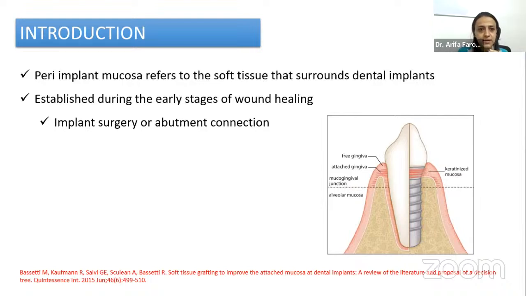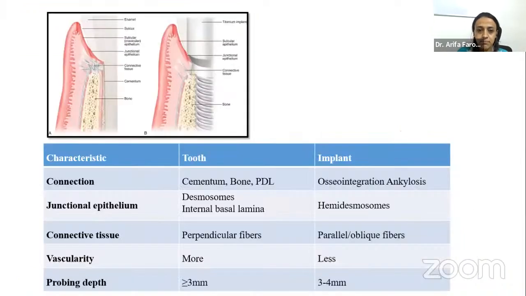So what is a peri-implant mucosa? It refers to the soft tissue that surrounds the dental implants. It is established during the early stages of wound healing as a result of implant surgery or when we do the abutment connection. Although periodontal tissues and peri-implant tissues look similar morphologically, they differ at histological and microscopic levels.